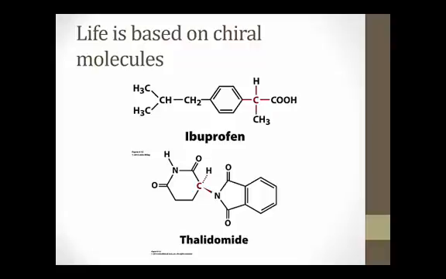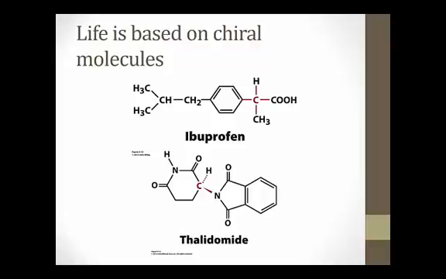Unfortunately, during most of our organic syntheses, when we synthesize ibuprofen, we end up making a racemic mixture, or a mixture that is comprised of 50% D and 50% L. But in the instance of ibuprofen, one of the enantiomers is biologically active while the other is inert and causes no harm.